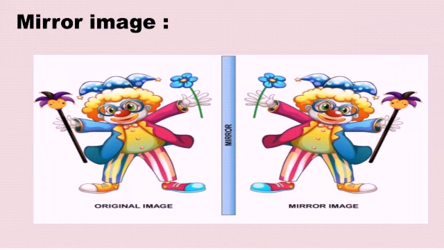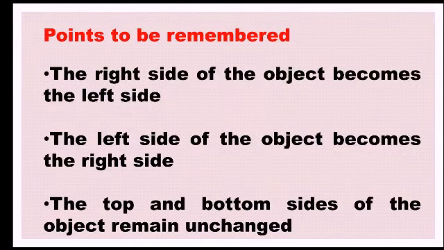Not only if we keep an object in front of a mirror, but also if we stand beside a river, we can see the image. That is called water image also, but it is not needed now. In the first image, you have to observe the difference between the two images.